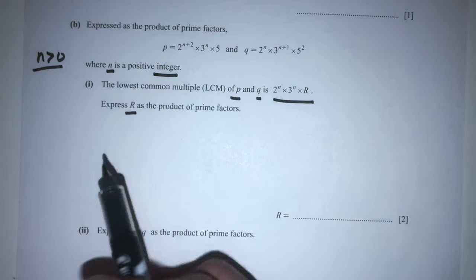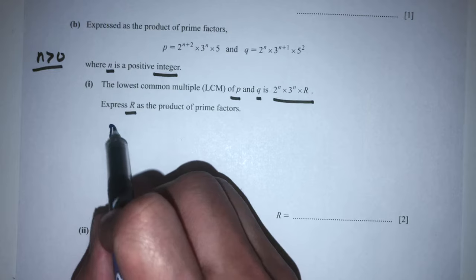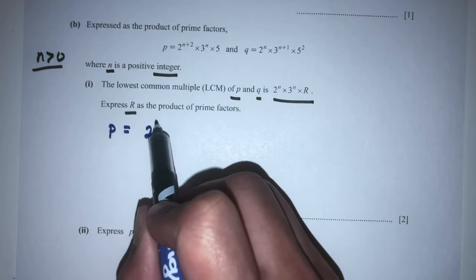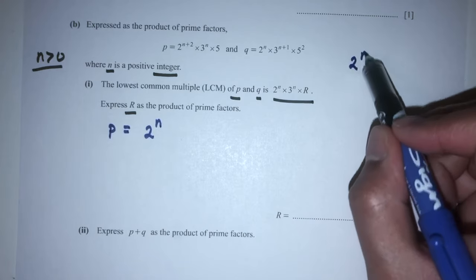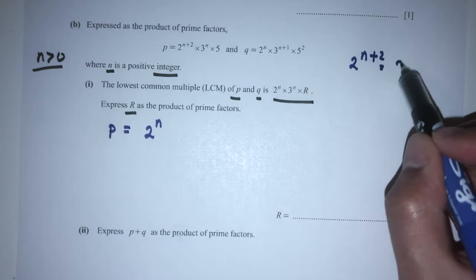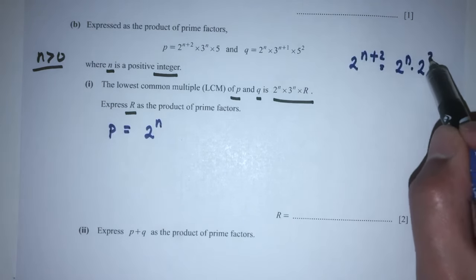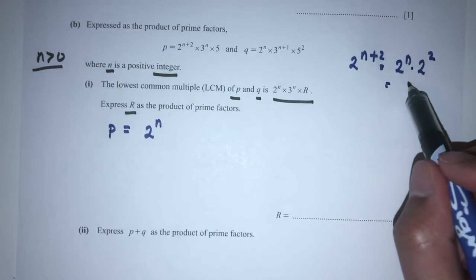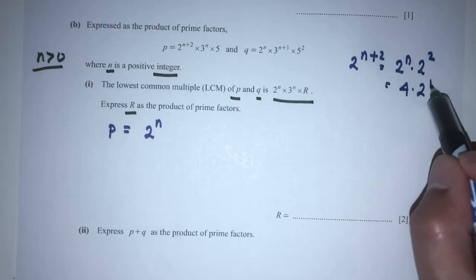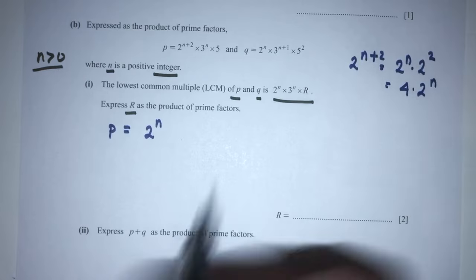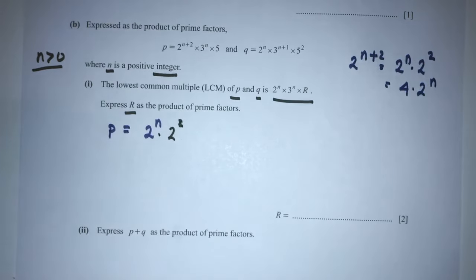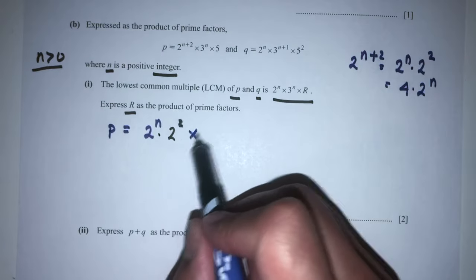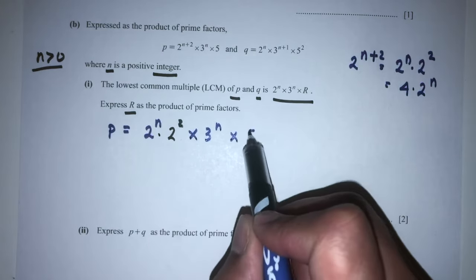So we know that P is 2 power n times 3 power n times 5. We can break it down. When you have 2 power n plus 2, it is simply 2 power n times 2 power 2, that will be 4 times 2 power n. But we don't need that, we just need this one, times 2 power 2, and then times 3 power n times 5.